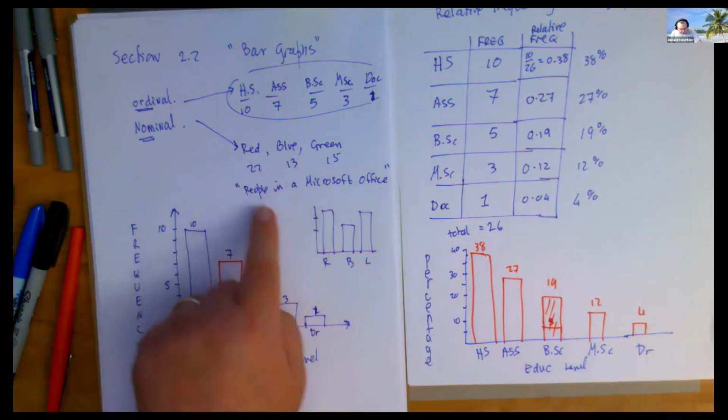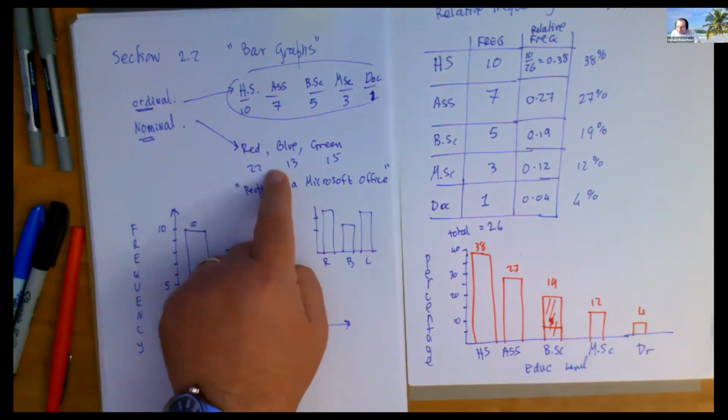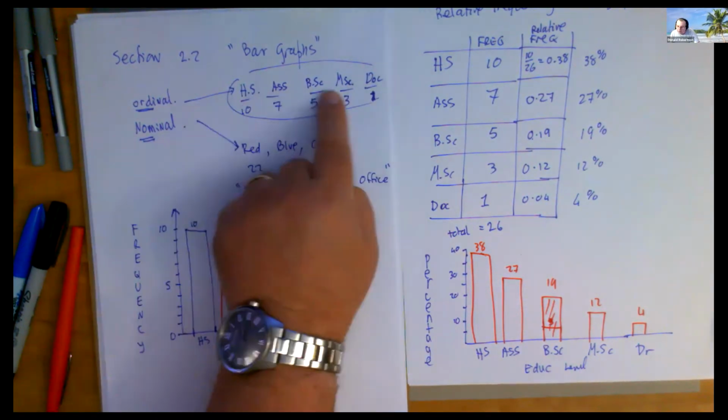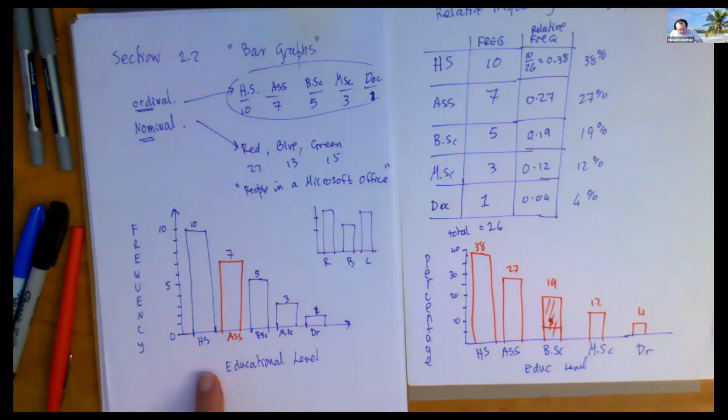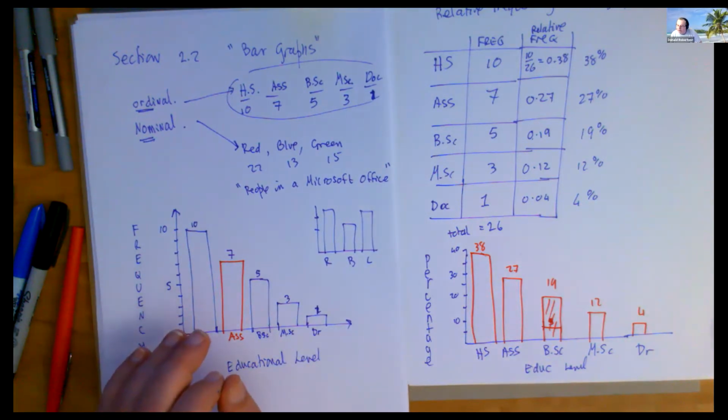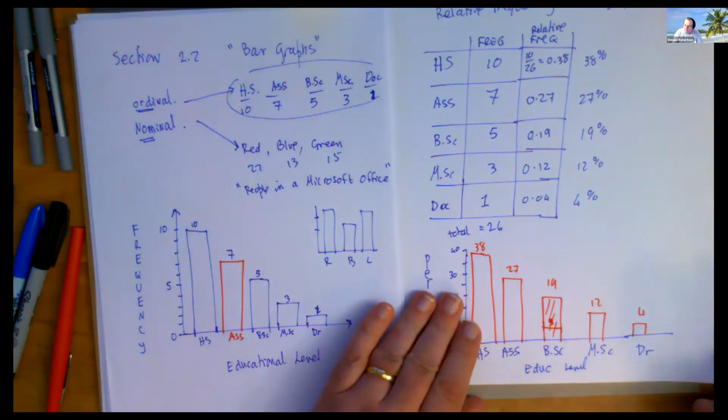But couldn't have done this one blue first, red second, green third, and it wouldn't really change anything significant. But in this case here, I think it truly does make sense that you should put the x-axis in the order that your ordinal data makes most sense in.